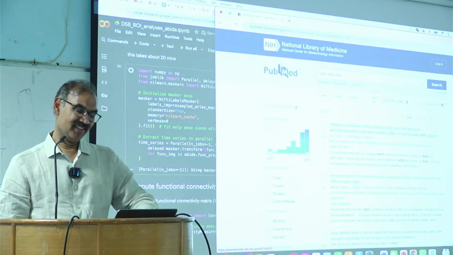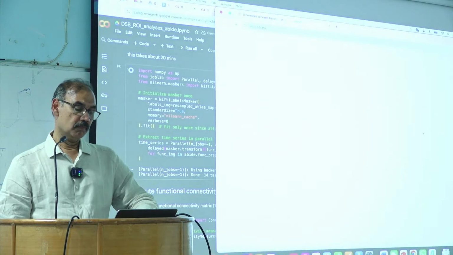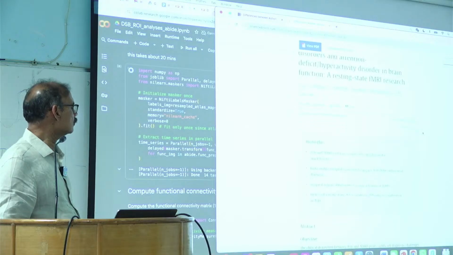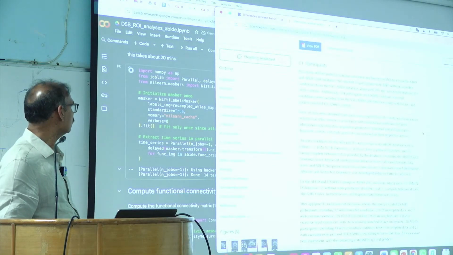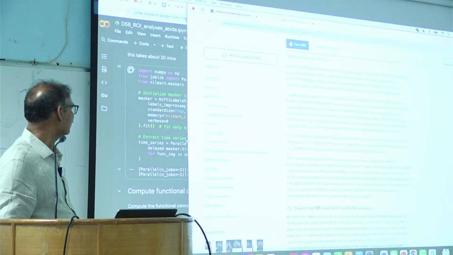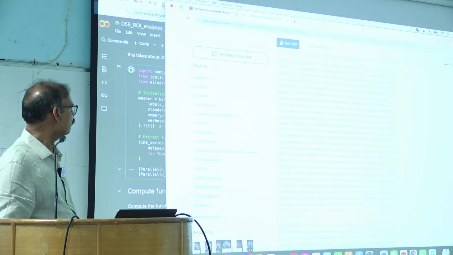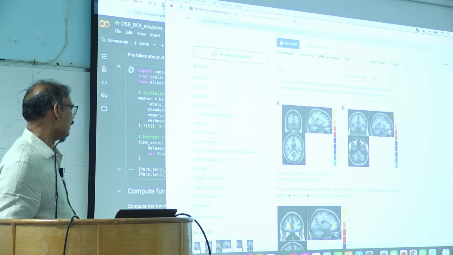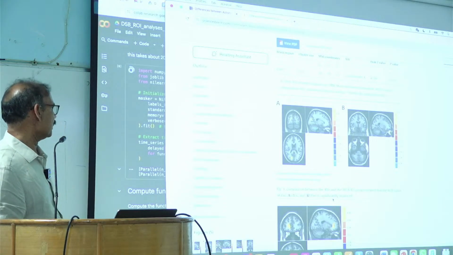This is a comparison between ASD and TD which showed that ALFF of the ACG and pre-CG were significantly increased.